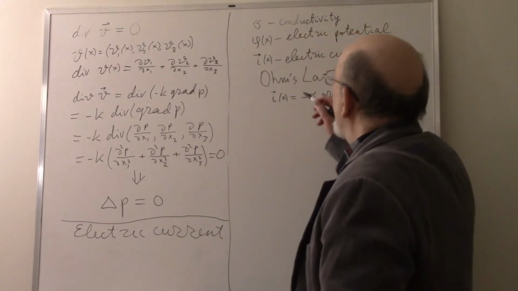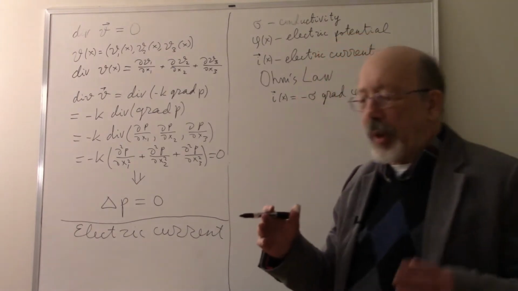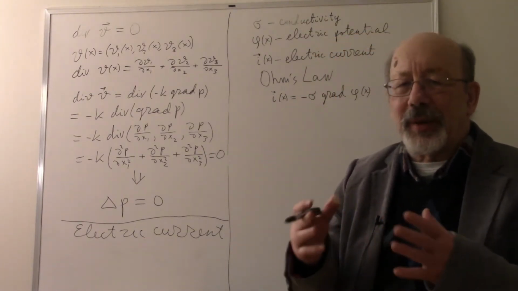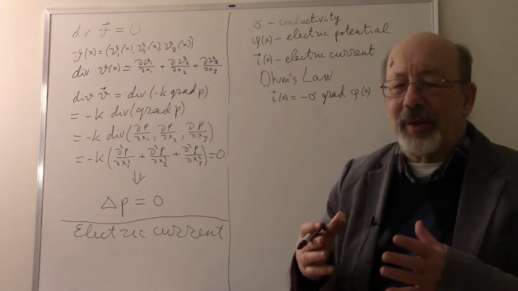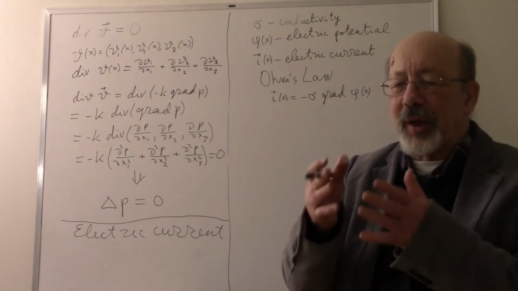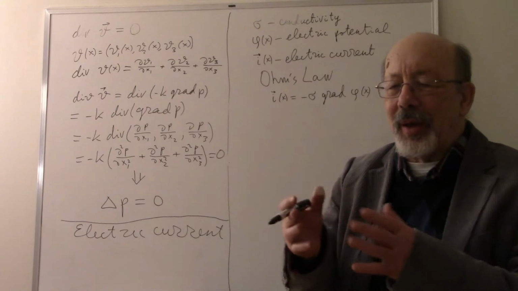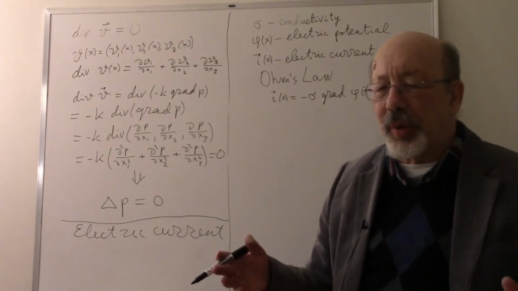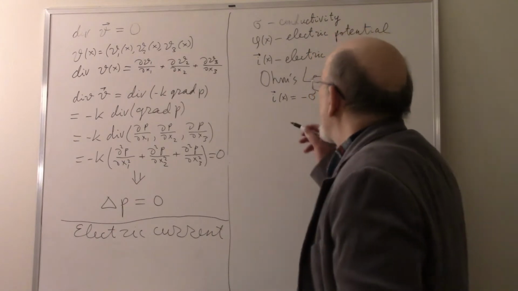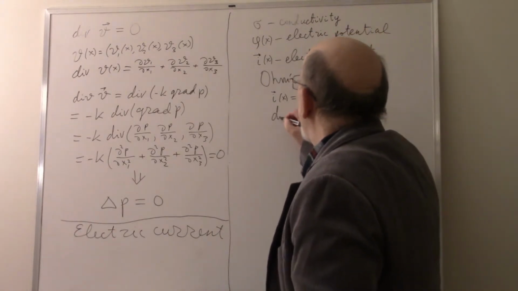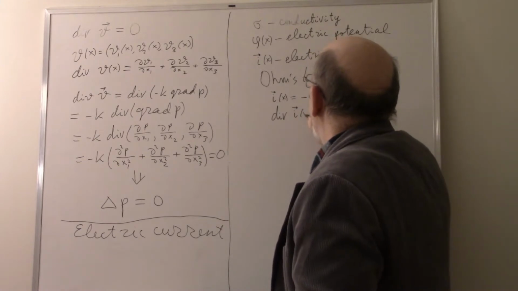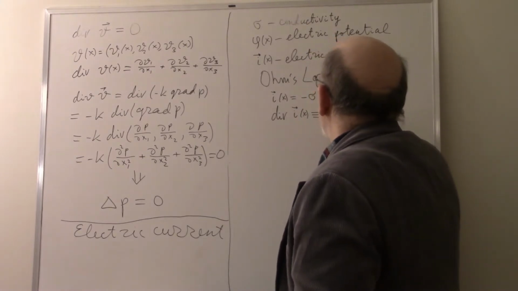And second, if we want the picture to be time independent, stationary in time, this means that the charge does not accumulate anywhere, so the charge density should be constant, and this means that divergence I of x equals 0.